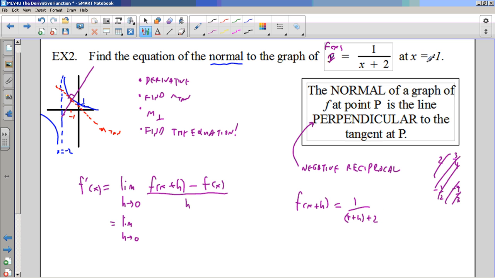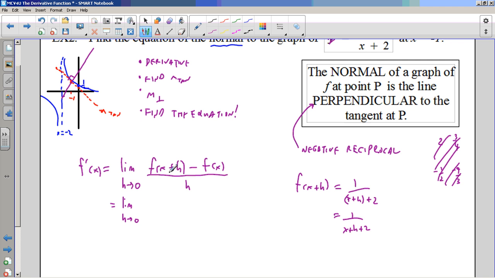And I'm not worried about the minus 1 yet. I'm going to find the derivative first. So this is tidied up as just, don't need the brackets. And notice this is one of these fraction ones. So right away, I'm going to write the 1 over h out this way so that I can see what I've got inside the brackets.